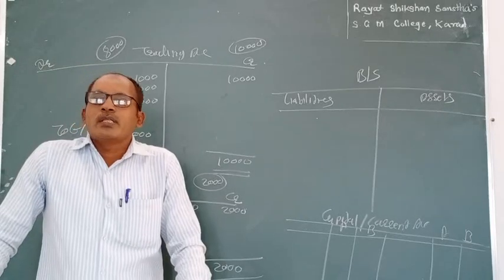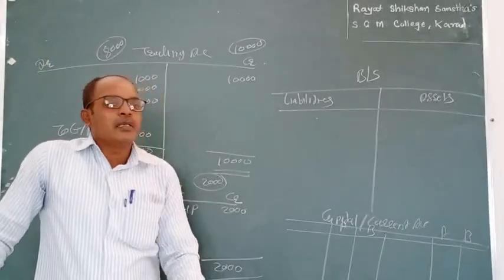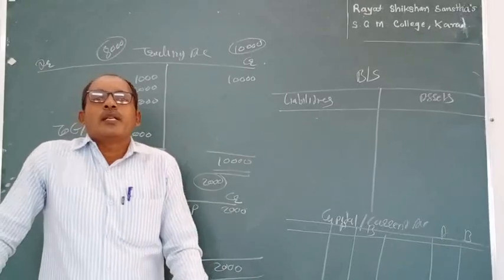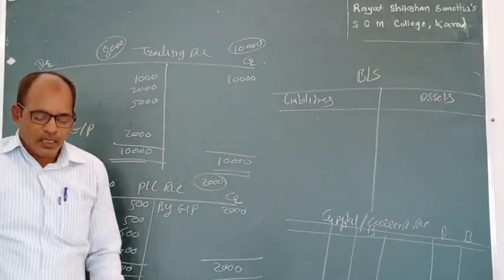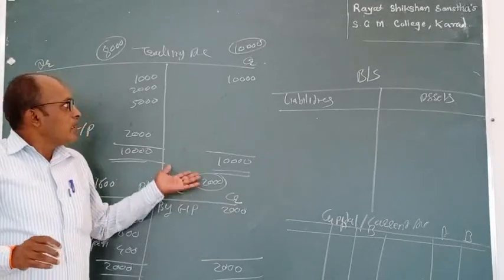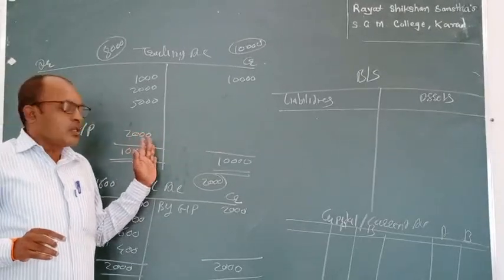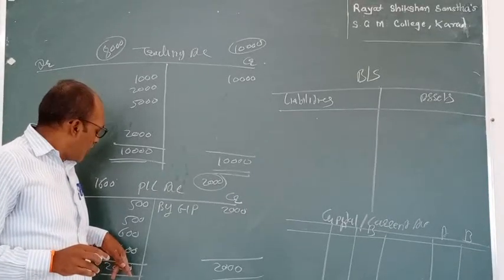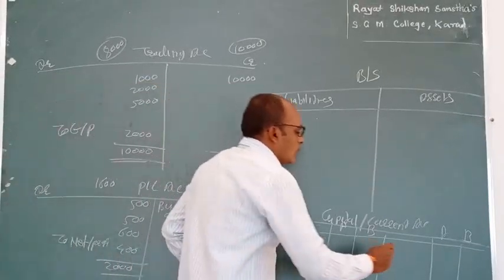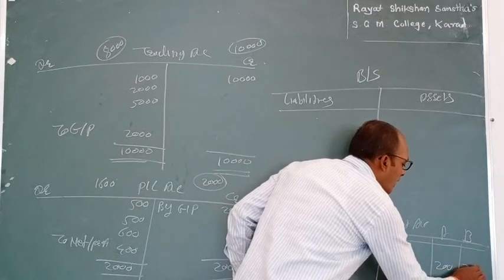If profit sharing ratio is not given, in that case this amount is distributed among the partners equally or in capital ratio. So here no profit sharing ratio is given, so the amount of profit is distributed equally among the partners, 200 and 200.